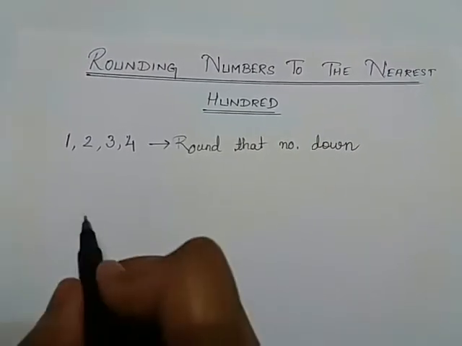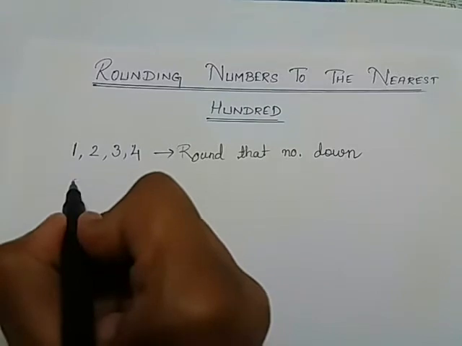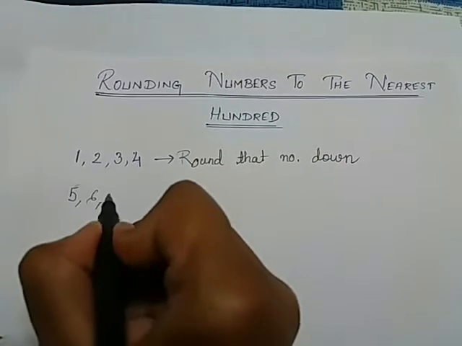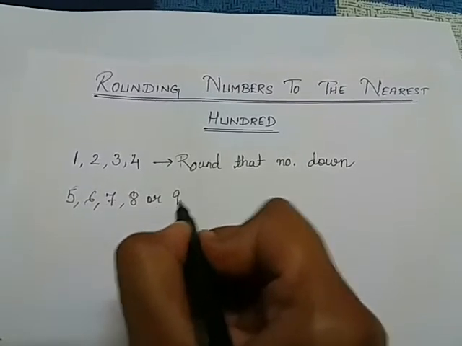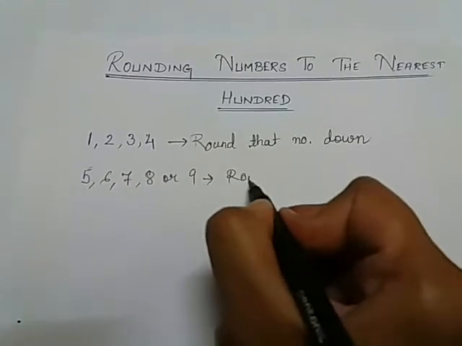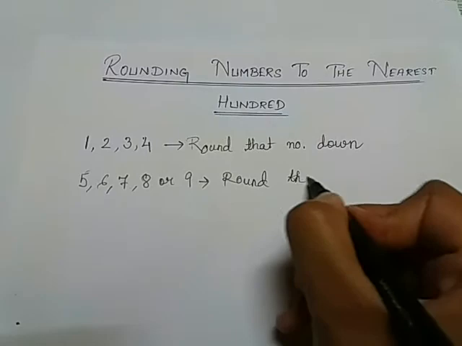And if that digit is followed by numbers that are 5, 6, 7, 8 or 9, then we round that number up.